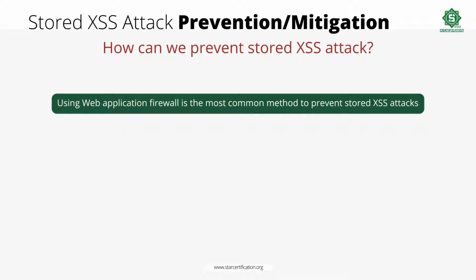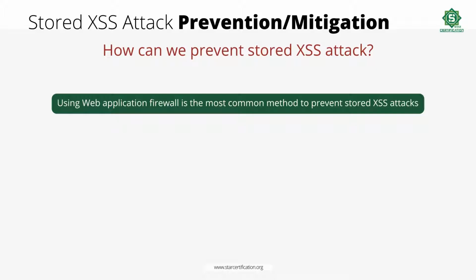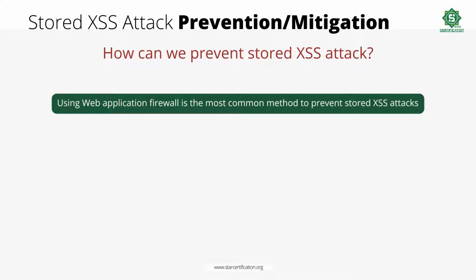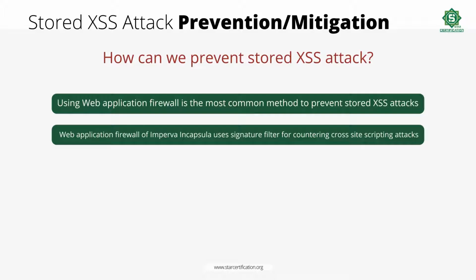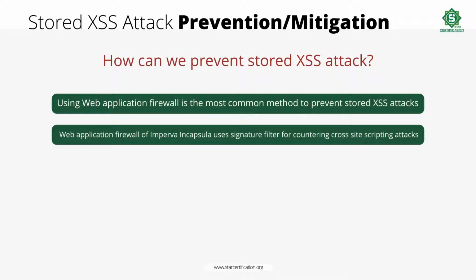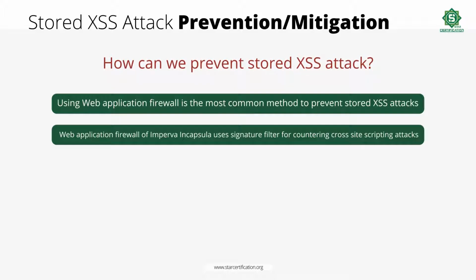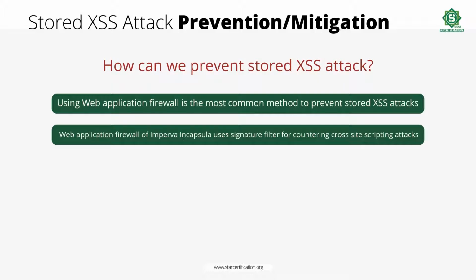Different methods are employed by WAFs for counter-attacking vectors, such as filtering based on signatures for identifying and blocking malicious requests. As per industry best practices, the Web Application Firewall of Imperva Incapsula employs a signature filter for countering cross-site scripting attacks. It is a managed service maintained by a team of security experts who constantly update the security file with the signatures of newly discovered attack vectors.